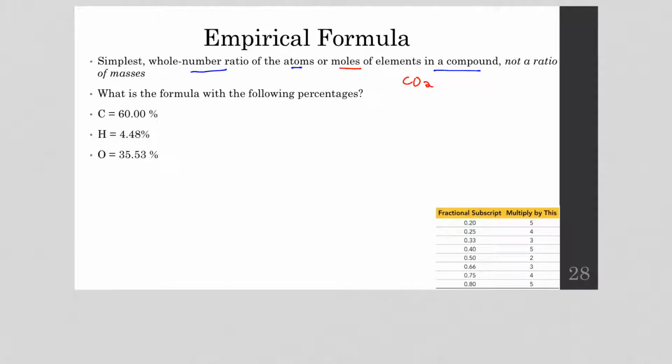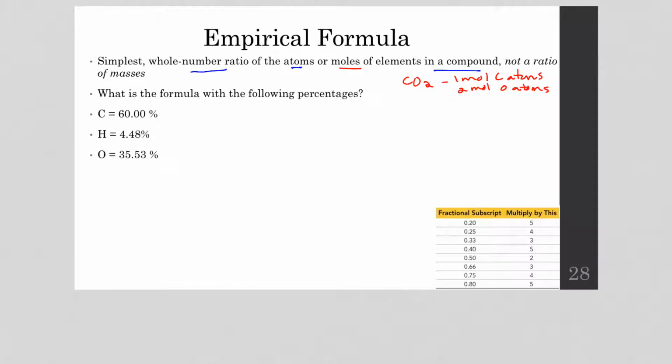But since we're going to tend to deal with moles of compounds, we can also say that 1 mole of this compound would be made up of 1 mole of carbon atoms and 2 moles of oxygen atoms.